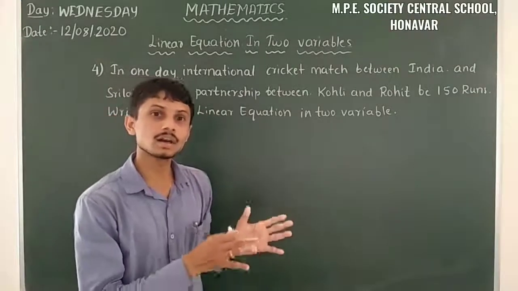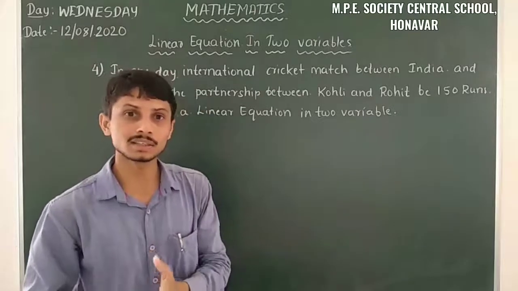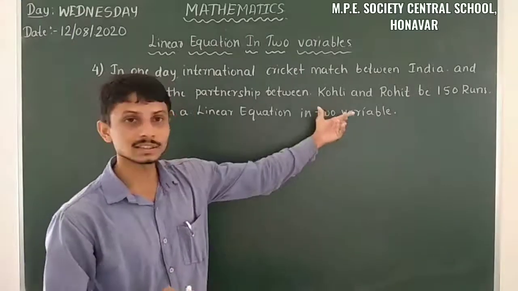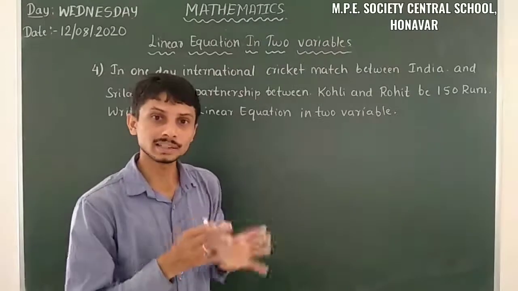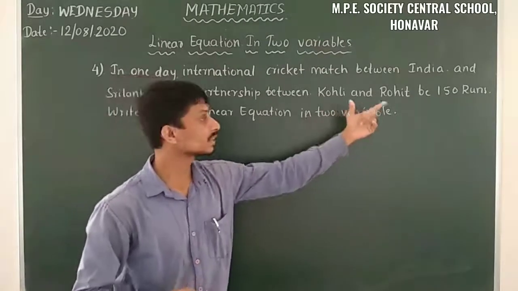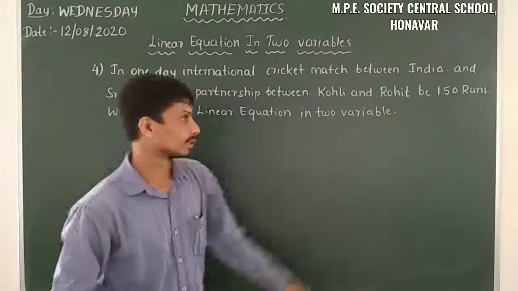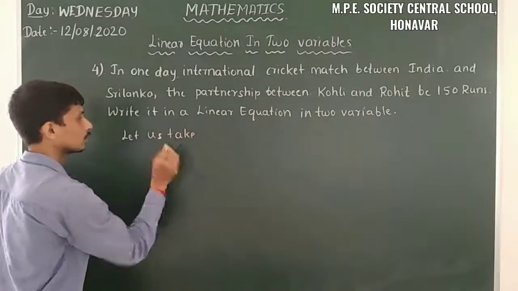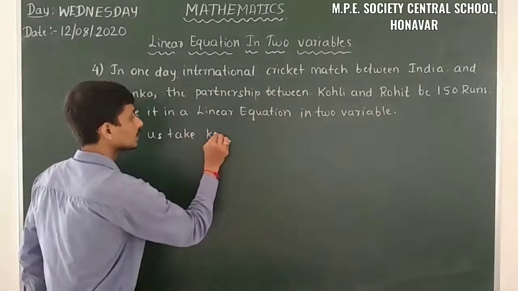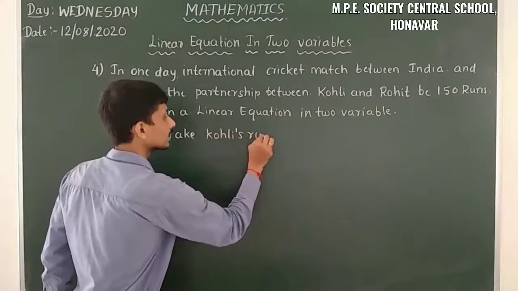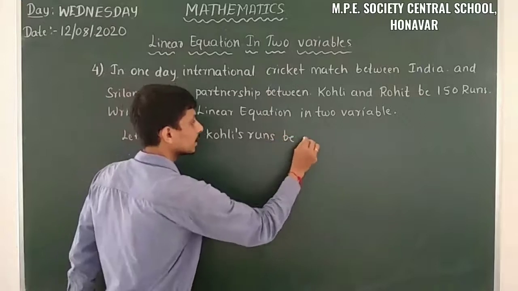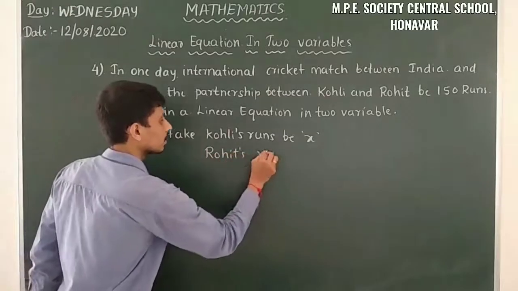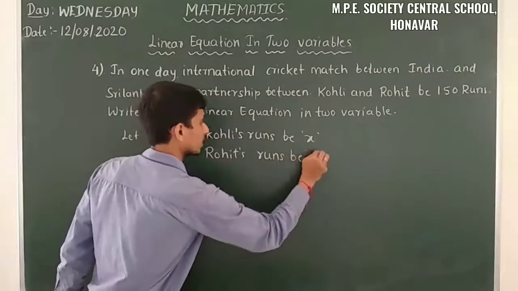Kohli's runs are unknown and Rohit's runs are unknown here. In a linear equation in two variables we want two variables. One variable is Kohli's runs and another variable is Rohit's runs. Let us take Kohli's runs as x and Rohit's runs as y.